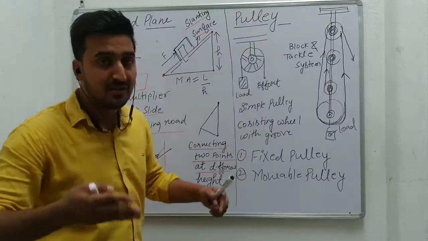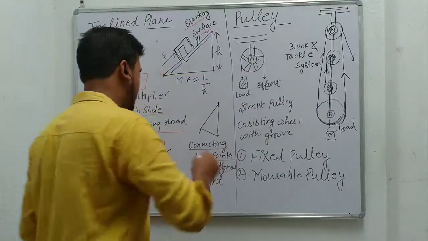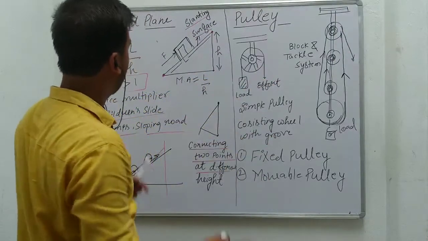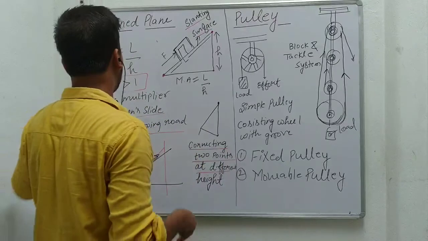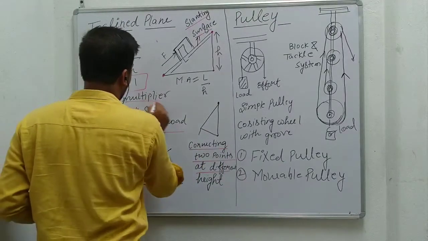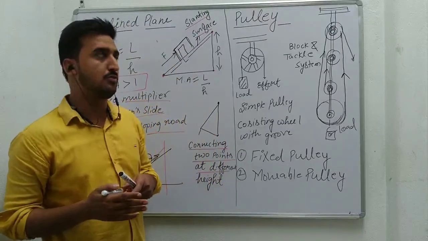Then only can we easily lift the object on this ramp surface, and easily roll it on the inclined plane. So this is all about the inclined plane and mechanical advantage. One more thing: if the mechanical advantage is greater than 1, it works like a force multiplier.